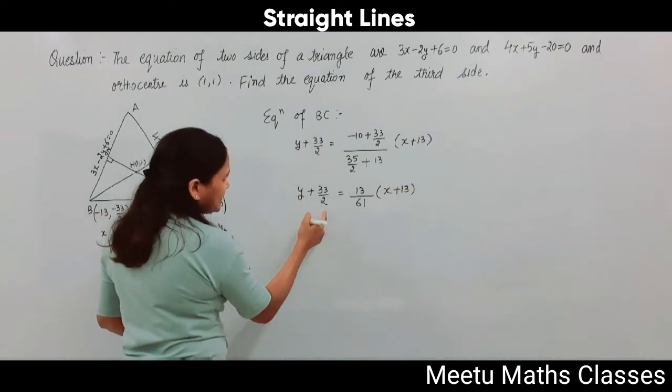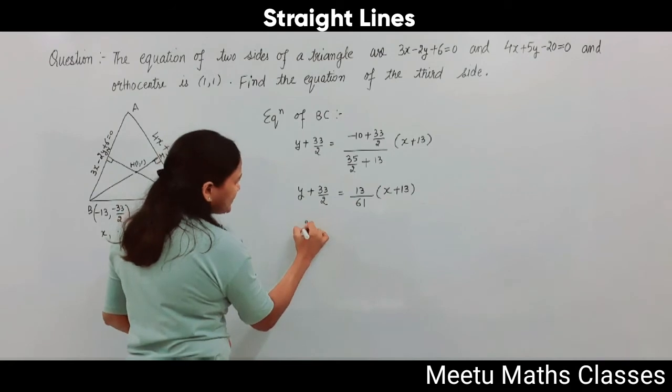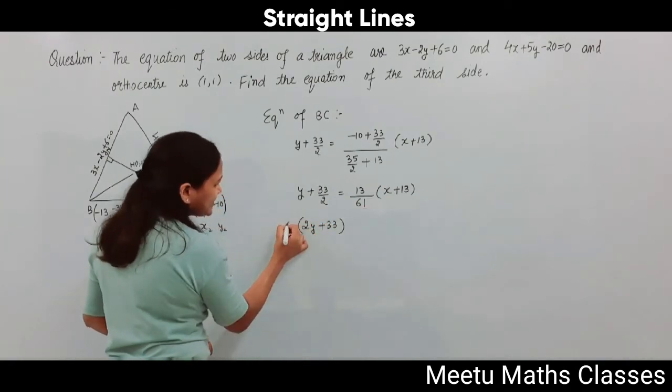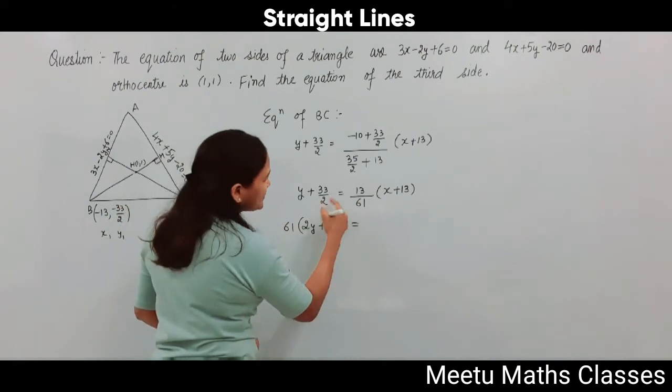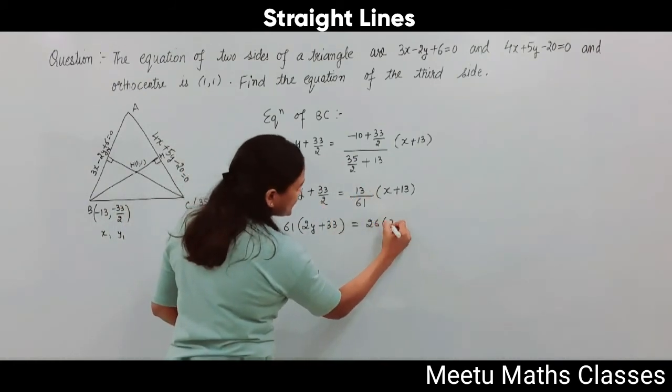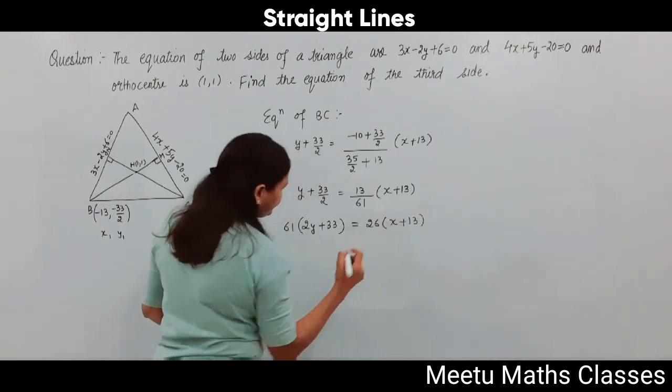Now we can take the LCM. (2y plus 33) multiplied by 61 equals 2 into 13, that is 26, times (x plus 13).